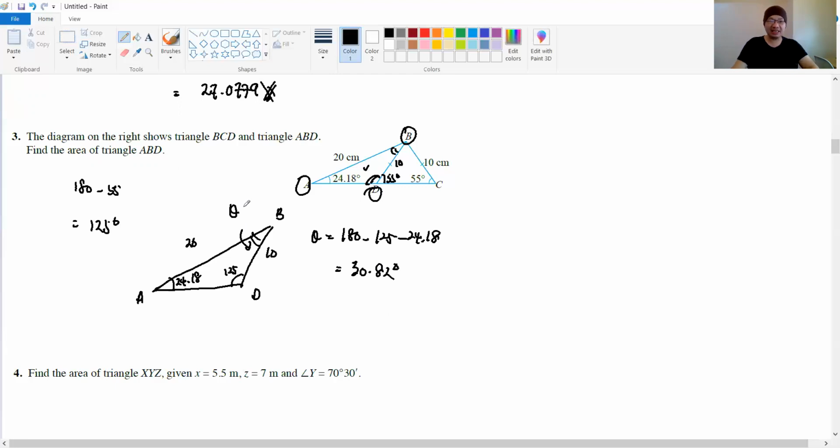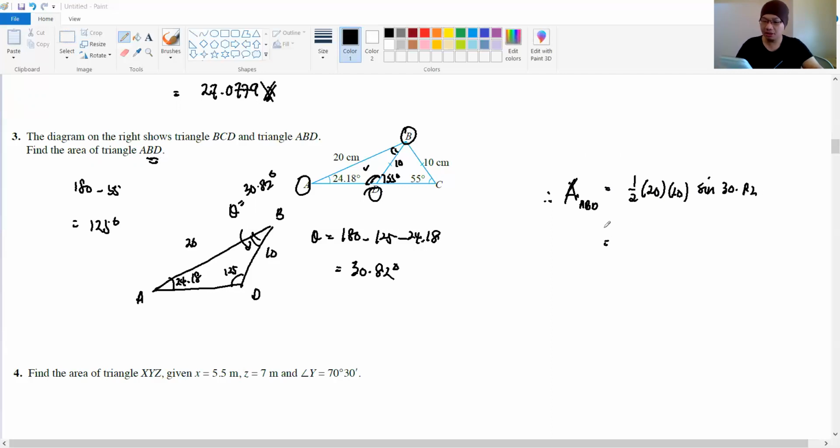Since this theta is 30.82 degrees, and in between this theta we got the length of 20 and the length of 10, we can find the area, right? Therefore the area of ABD, they're asking ABD, right? So 1 over 2, 20, 10, sine 30.82.